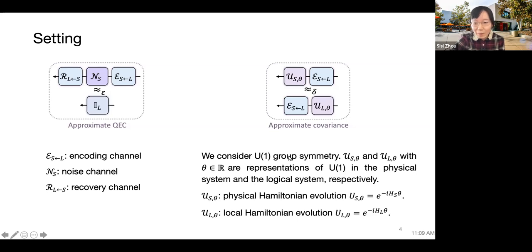They are defined by the Hamiltonian operators for these two U(1) representations. The code is exactly covariant if these two lines are equal to each other, and the distance between these two quantifies the approximate covariance of this type of encoding.